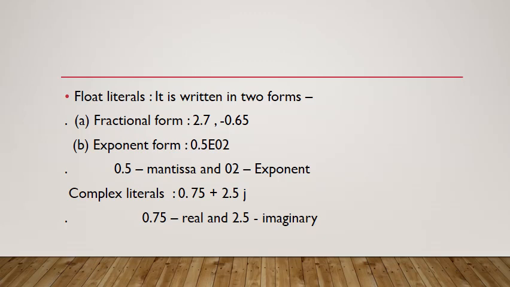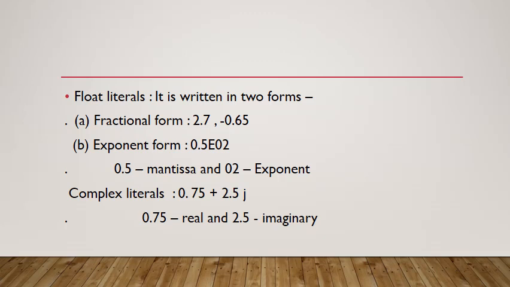Next literal is float literal. It can be written in two forms. First is fractional form, like 2.7 or minus 0.65, and second is exponent form, like the number given here, 0.5E02.